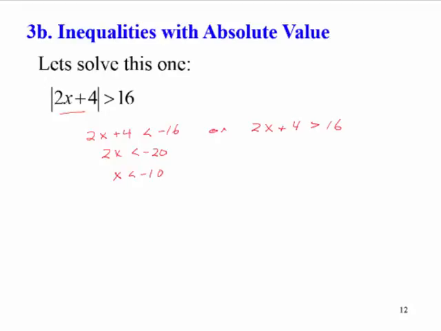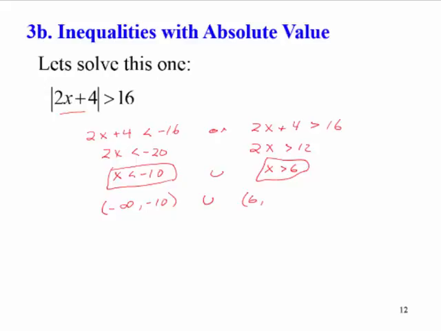All those points work. And that's from minus infinity to minus 10, union with 2x, subtracting 4, is greater than 12, x is greater than 6. So that union with this, or from 6 to infinity.